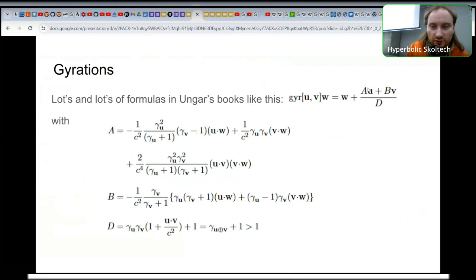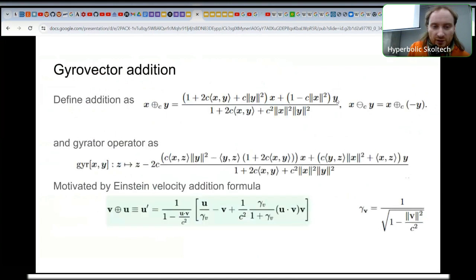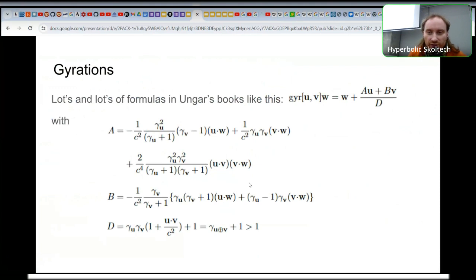So if you just take the gyrator operator, actually, this is a motion for your gyrovector z, with this formula.